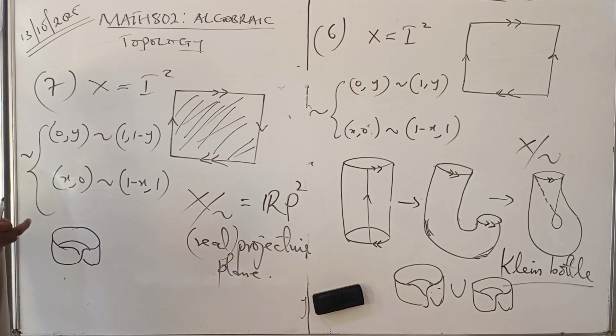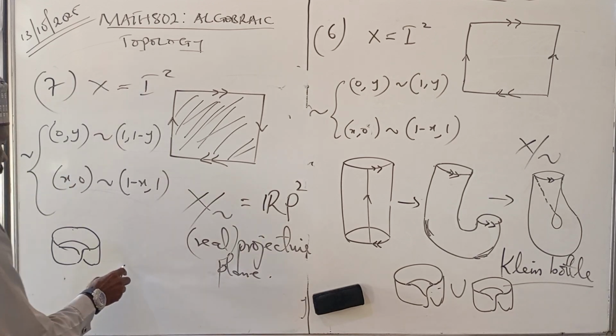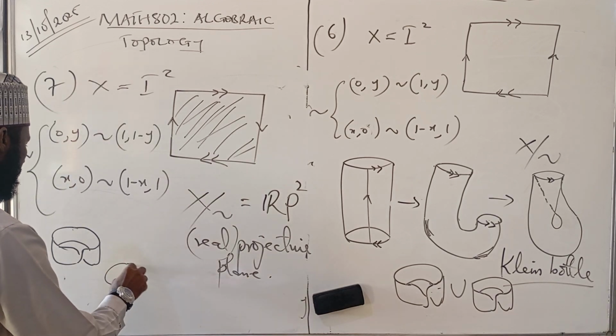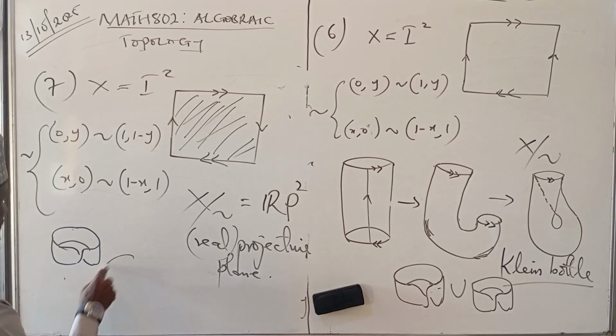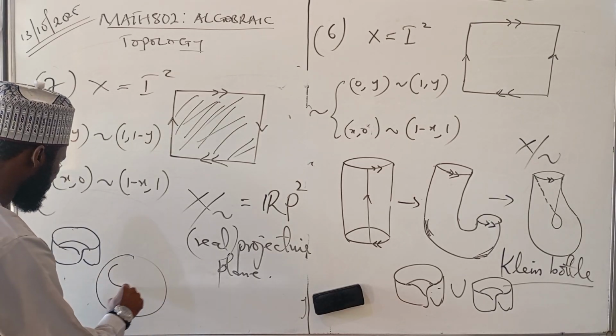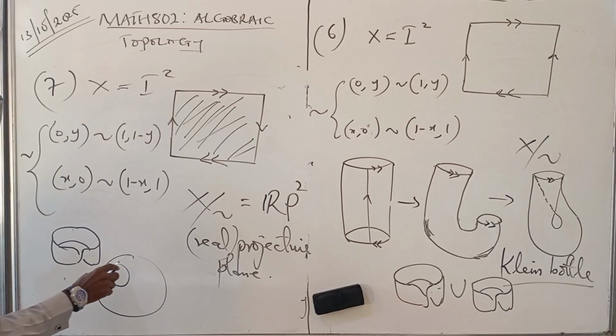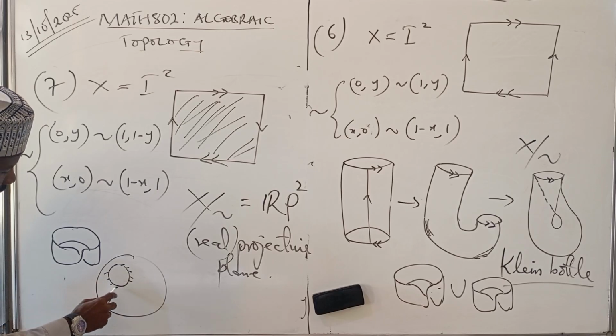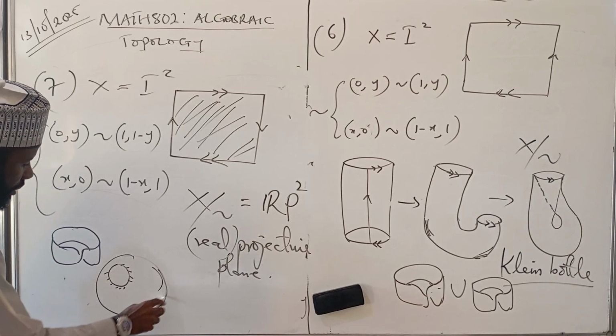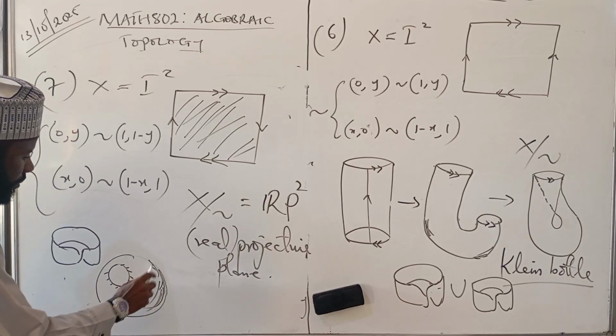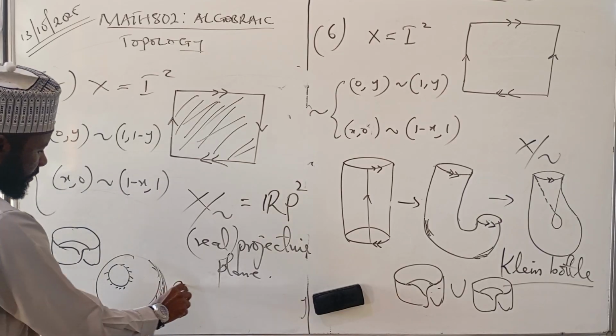A sphere and a disk are of the same dimension. So you can think of a sphere like this, but with a hole. If you have a hole in the sphere, this is homeomorphic to a disk.